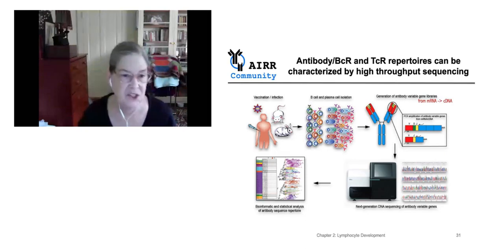You can label antigen and sort out antigen-specific B cells. And plasma cells that are in the blood are usually early responders to vaccination or whatever. And you can just PCR up just that VDJ region, that's all you need really, or the VJ region, and then you can do massively parallel sequencing, which then you'd better know some bioinformatics to start looking at clones. So that's pretty much the overview.